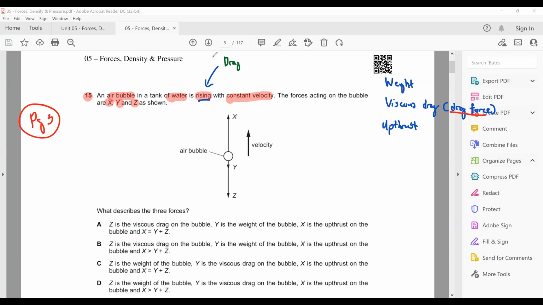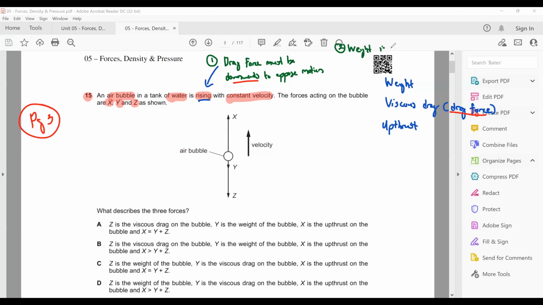Okay, so this one here is the first thing you can see. Drag force must be downwards to oppose motion. Okay, I know the drag force must be downwards. Okay, so another thing you know is that weight is always downwards.